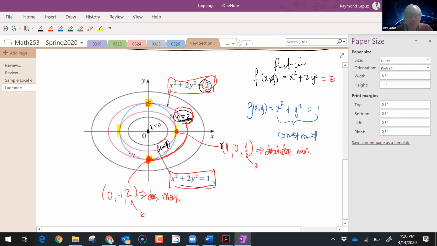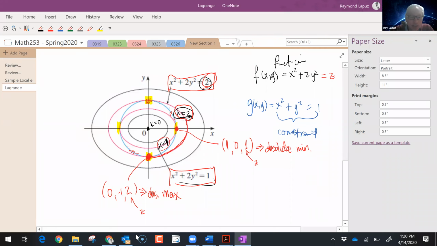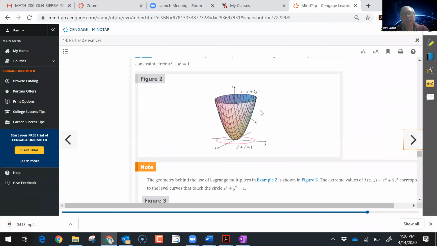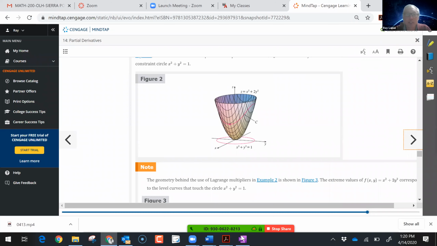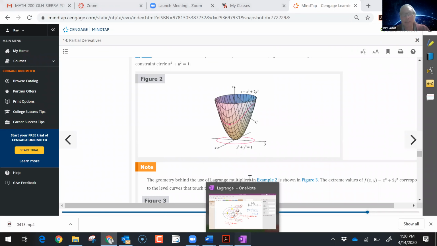Sorry about that. Okay, so let me see if they have a three-dimensional picture of this. This is the three-dimensional picture of that, and I'll try to squeeze it in here in our notes, just down here in the bottom.